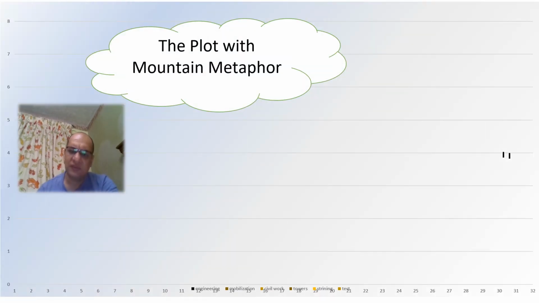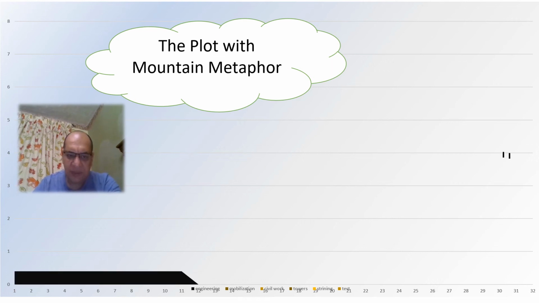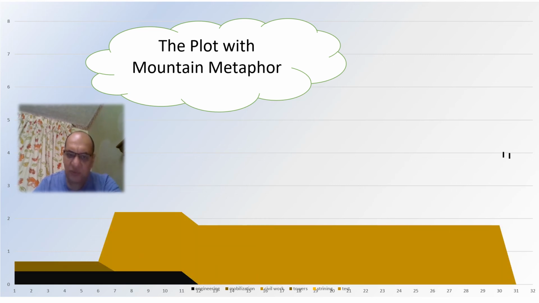Here we use a blue background to look like the sky, and the title is in a cloud. This helps humans understand it much better. Now we have something similar to before, but the whole area is continuous.